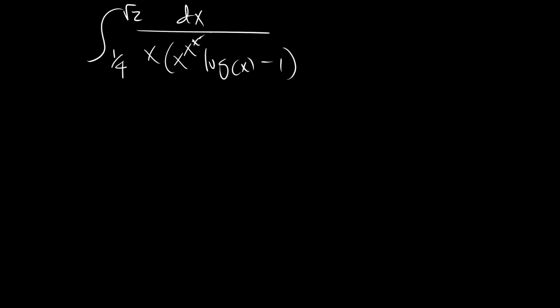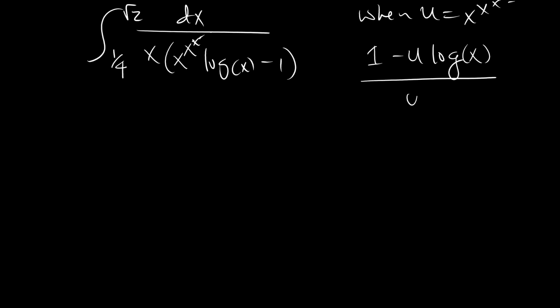Yet we've seen that when u is said to be equal to x to the power x to the power x all the way, we found that 1 minus u log of x over u squared du is equal to dx over x.